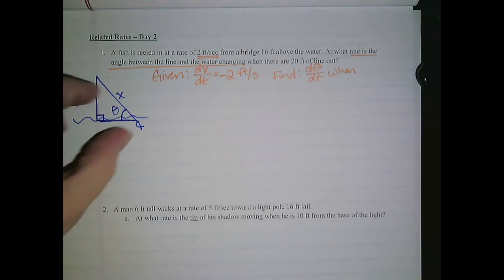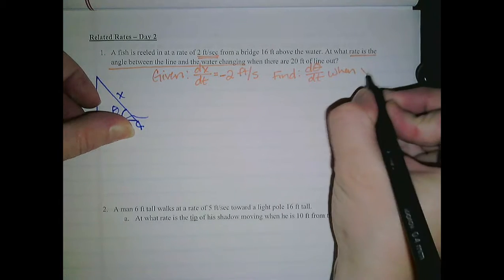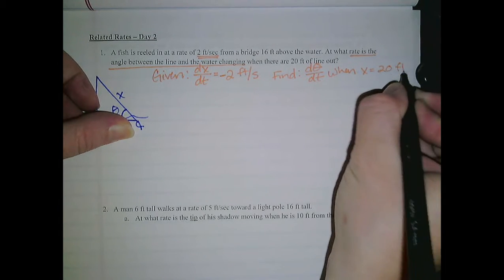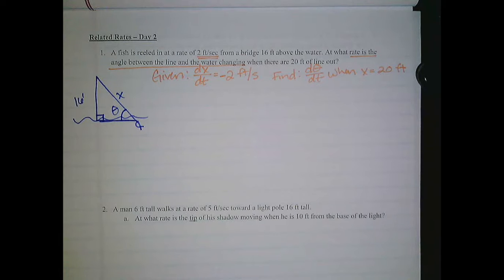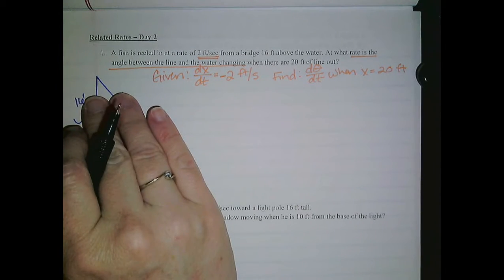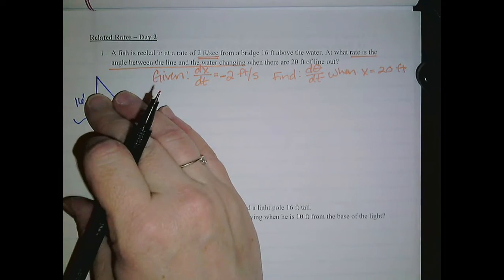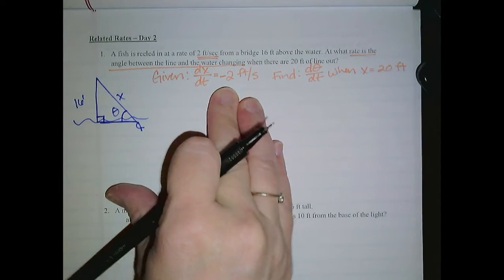So when the length of this line, x, is 20 feet. So we read our problem, we drew our picture, we listed the rate that we were given and the rate that we want to find.